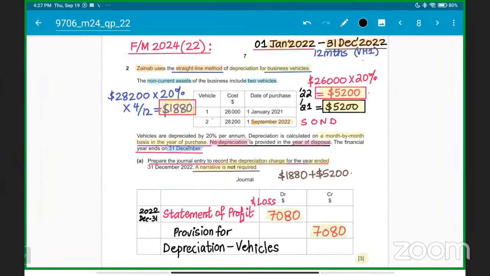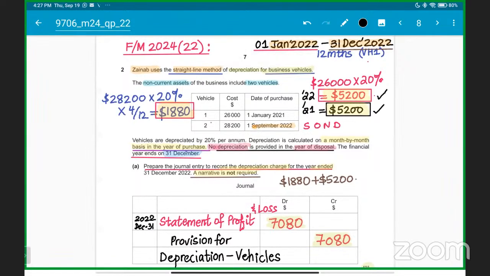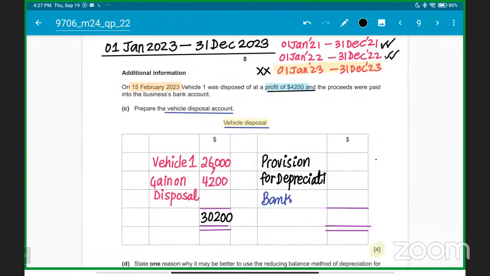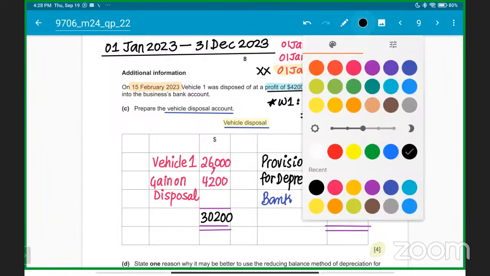We already know the depreciation for vehicle 1: 5,200 for the 2022 year, and 5,200 for the 2021 year. So just make a working number 1 and show the examiner that total depreciation will be 5,200 plus 5,200, which will be $10,400. If anyone has questions, please let me know.